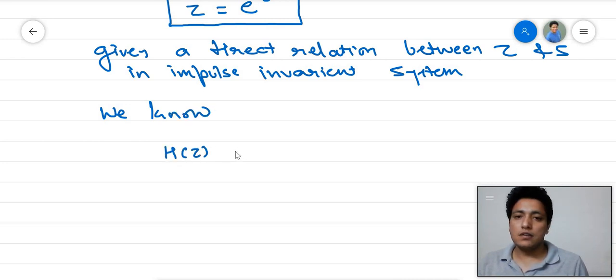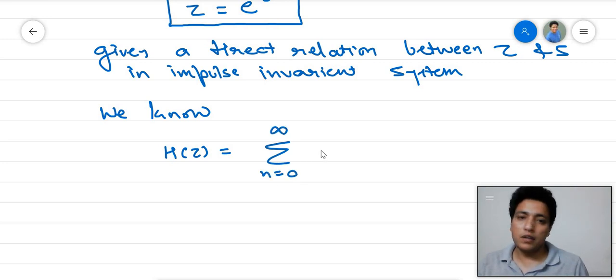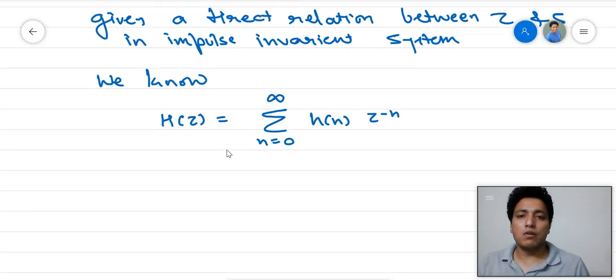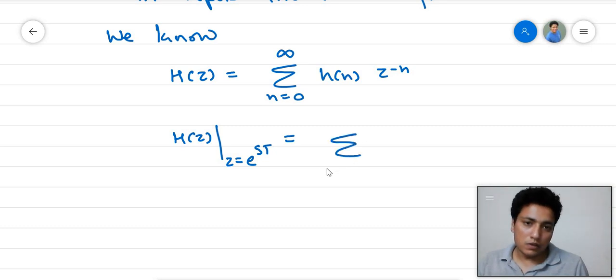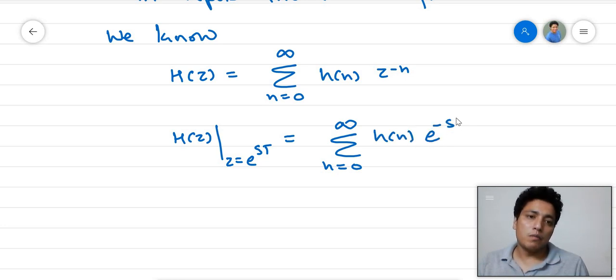Now we know Hz is equals to summation n equals to 0 to infinity Hn z minus n. We have taken n is equal to 0 to make the system possible, and for Hz, z equals to e to the power st will be equal to summation n equals to 0 to infinity Hn e to the power minus snt.